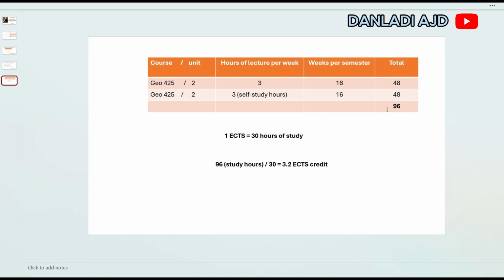So you have to divide his total hours of study by the required hours of study for one ECTS in the country that he's applying to. So that 96 study hours for the course Geo 425, divided by the 30 hours, means that Mr. Nelson Smith had 3.2 ECTS credits for Geo 425.